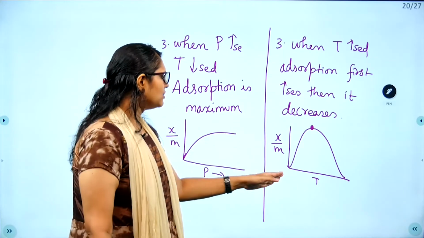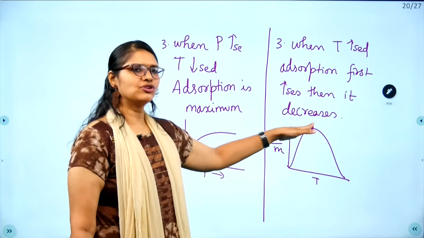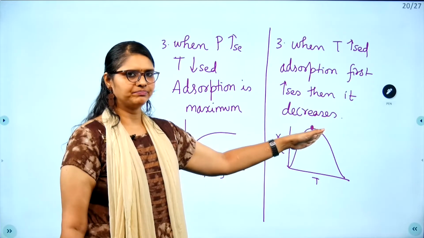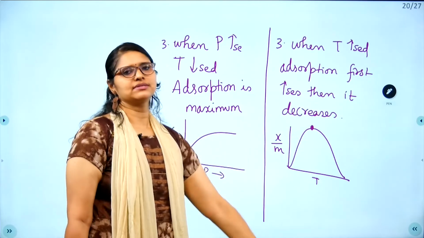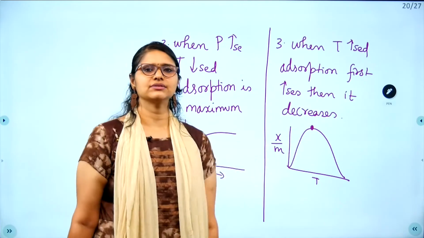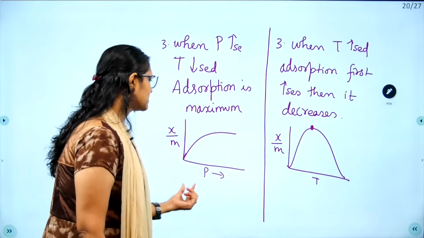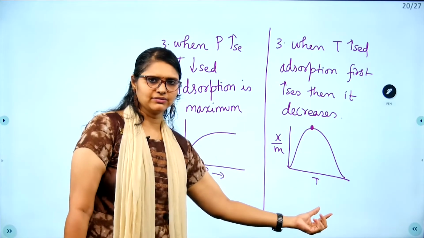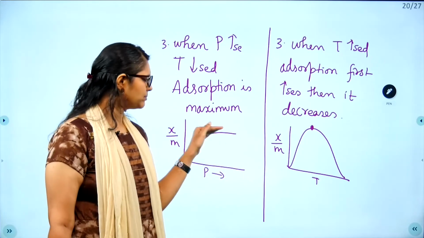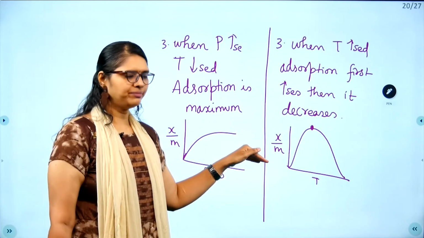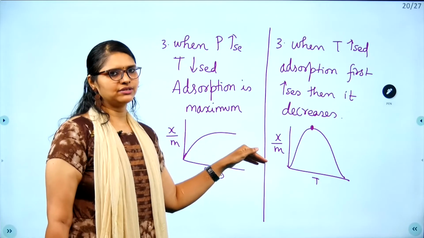As the temperature increases, adsorption increases, it reaches the maximum, and after which there is not much energy, so it loses. So that is why you are getting a graph like this, okay. For physisorption this is the graph, for chemisorption this is the graph. As the pressure increases, adsorption should increase, but it becomes constant after some point. That we will be seeing in the next videos, okay.